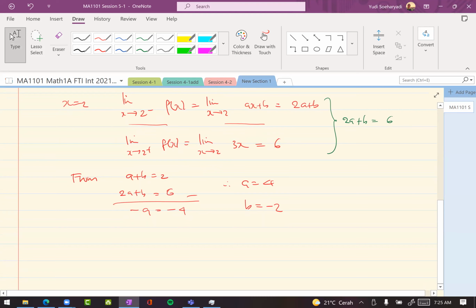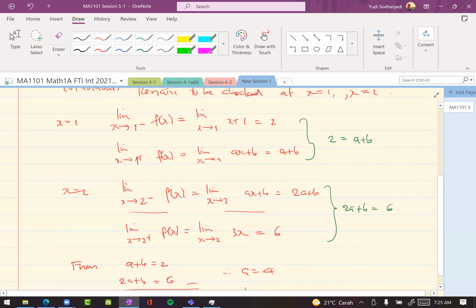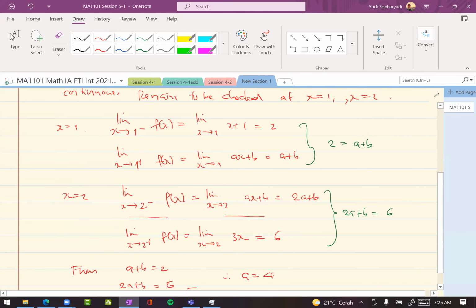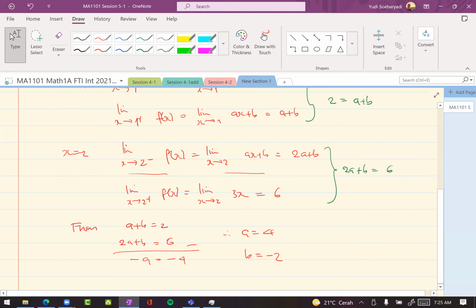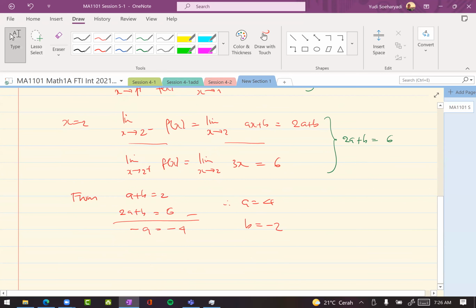So what should be the value for f1 or f2? So that's a and b.